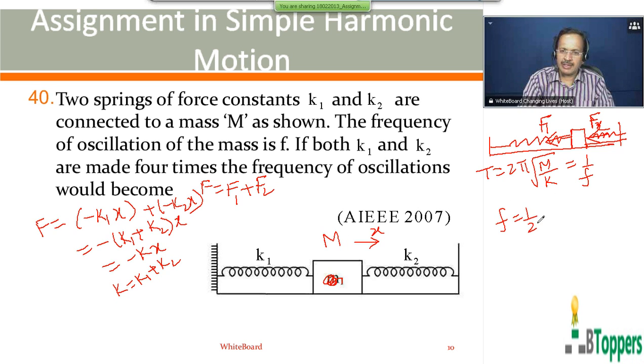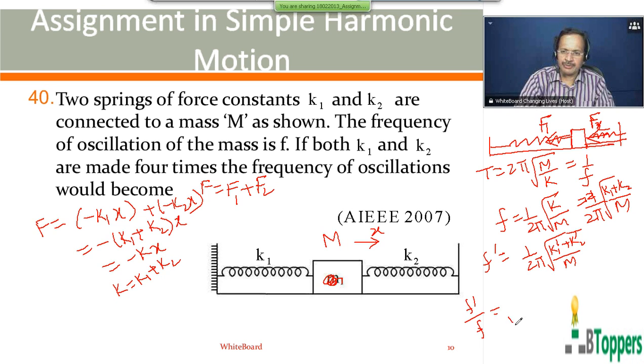So F equal to 1 by 2 pi into root of K by M, where K can be written as K1 plus K2. So both the force constants K1 and K2 are made 4 times. Let F dash be the new frequency. That is 1 by 2 pi into root of K1 dash plus K2 dash by M.